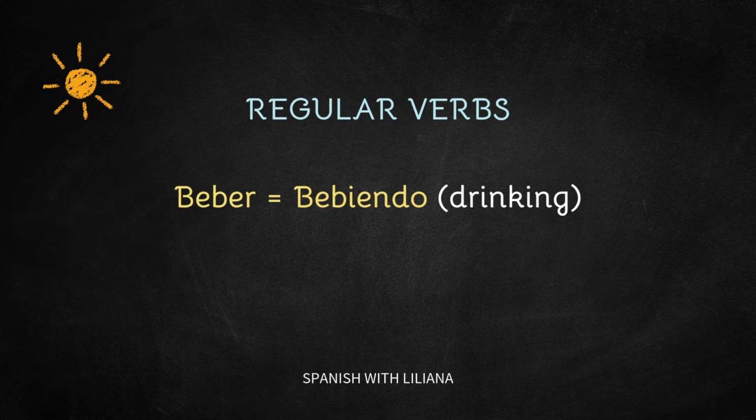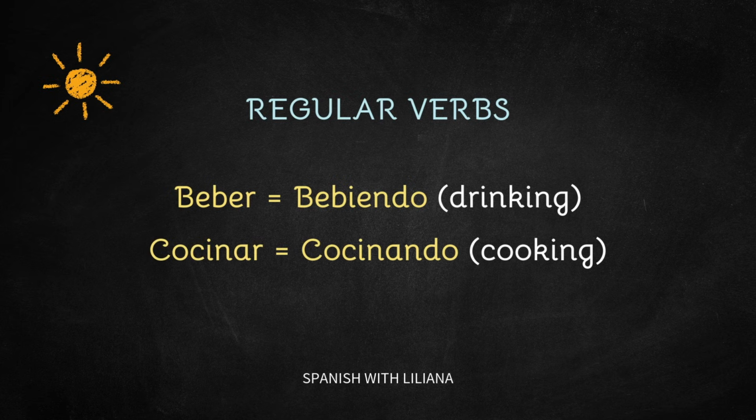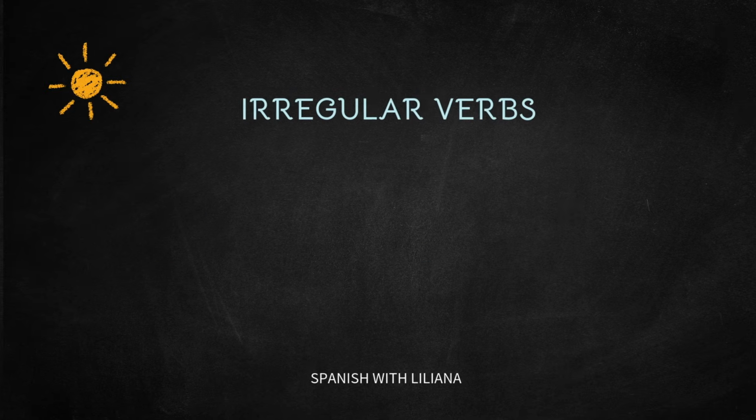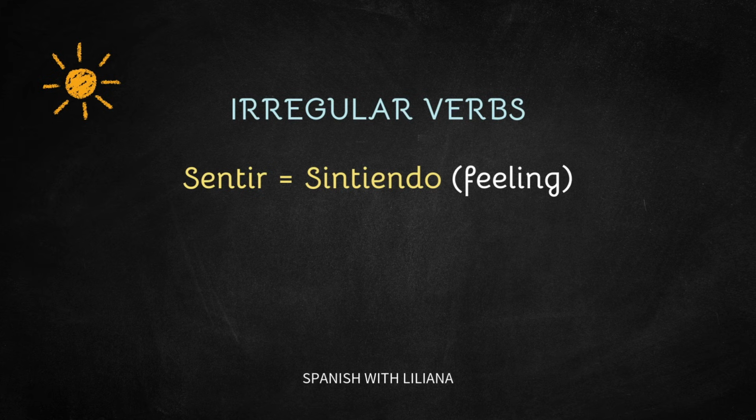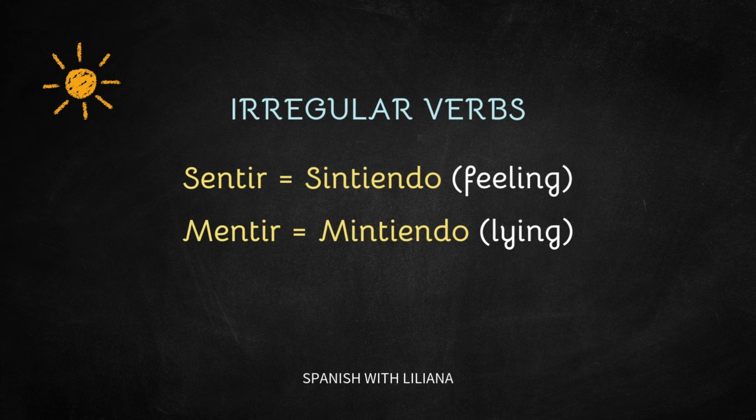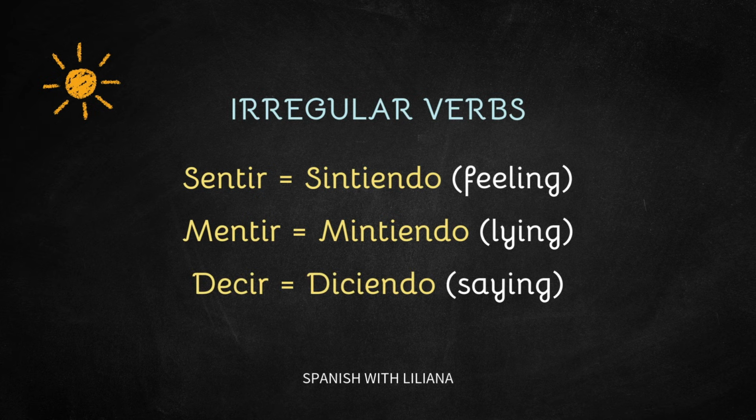For regular verbs, we see beber, to drink. It becomes bebiendo, drinking. Cocinar, to cook. It becomes cocinando, cooking. A few other irregular verbs are sentir, to feel. It becomes sintiendo, feeling. Mentir, to lie. It becomes mintiendo, lying.